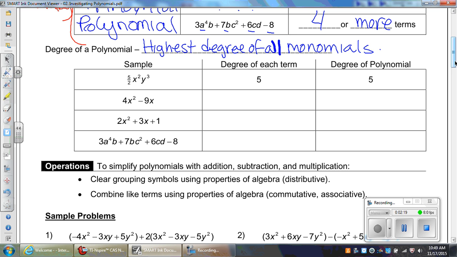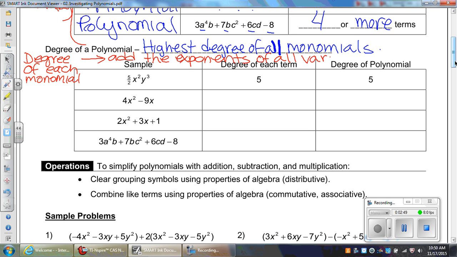Just as a review, the way we find the degree of each monomial is we must add the exponents of all variables.